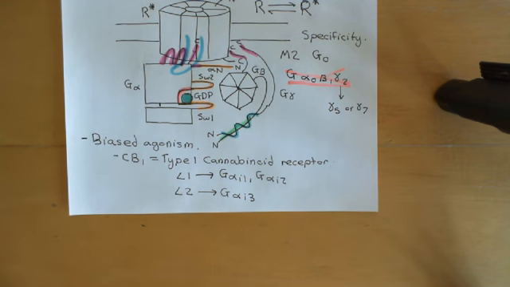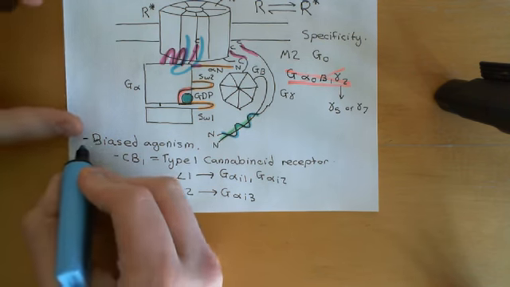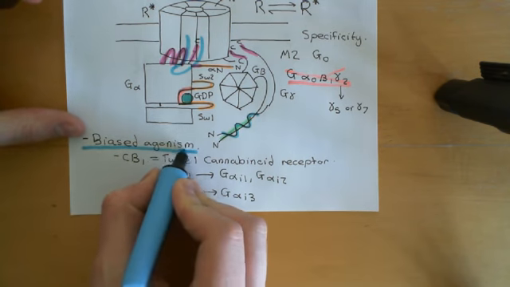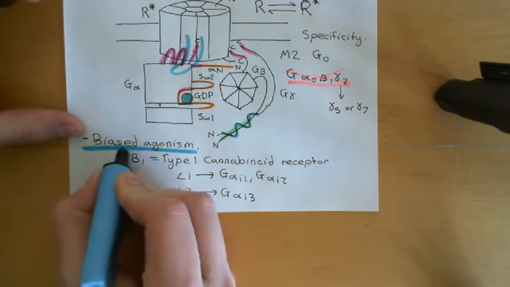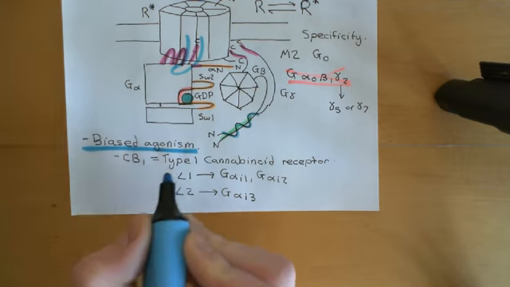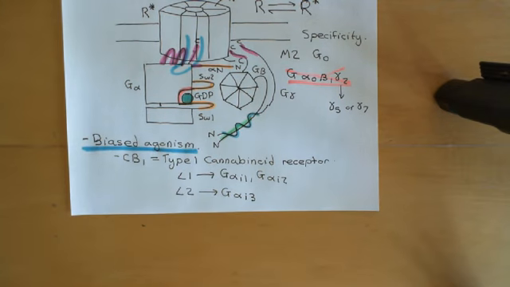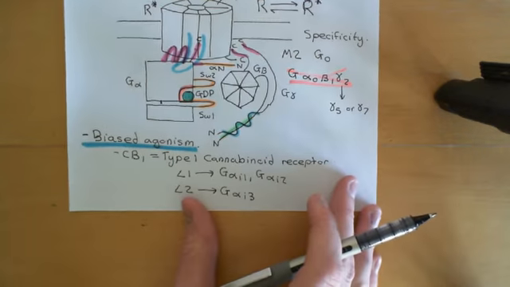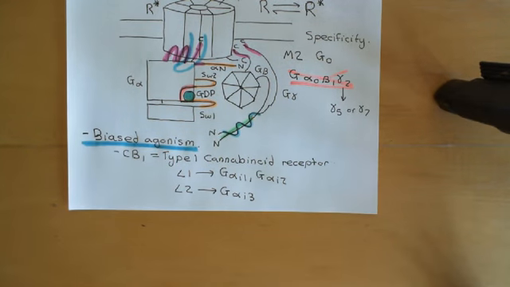This is the emerging concept of biased agonism, and this is a paradigm shift in the field of G protein coupled receptors, away from this classical model towards this more correct model of G protein coupled receptors having many different conformations which can be induced by different ligands, and these different conformations then having different specificities for activating certain downstream pathways.